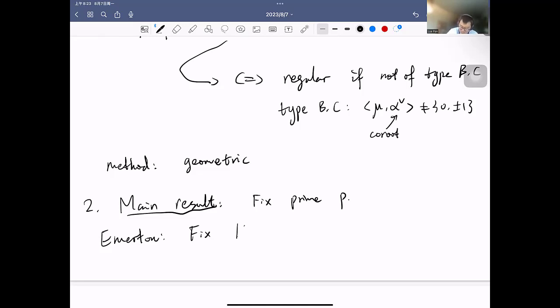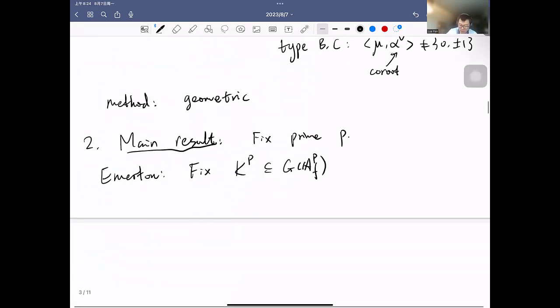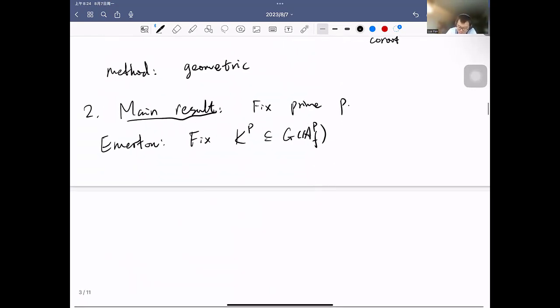If you fix a level away from p, then to define the Shimura variety, we also need a level at p. So let K_p be an open compact subgroup of G(Q_p).